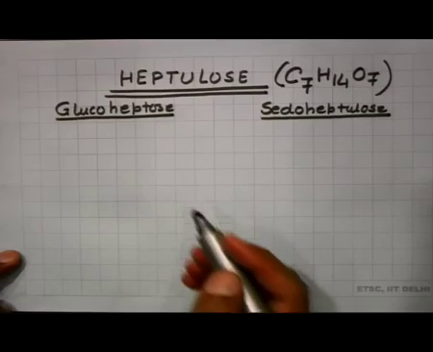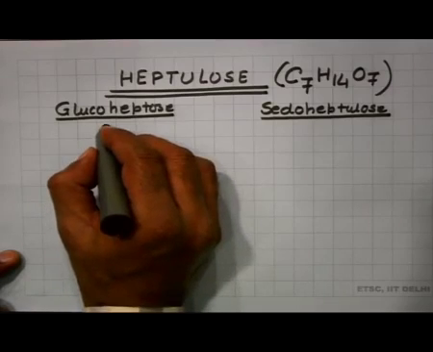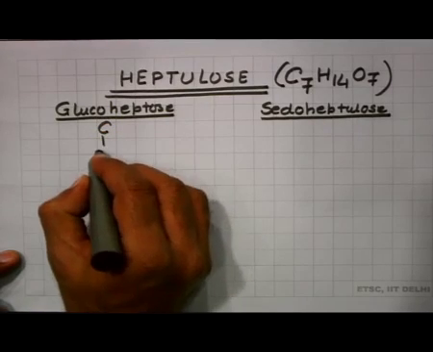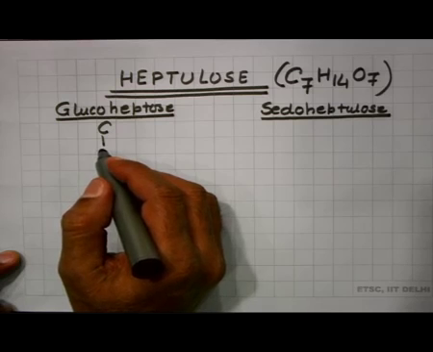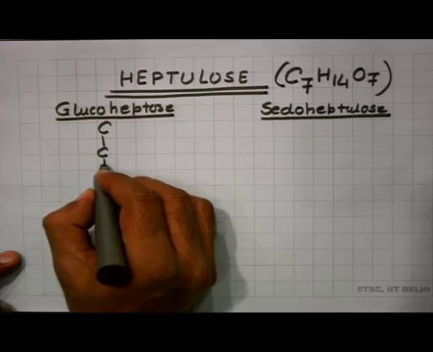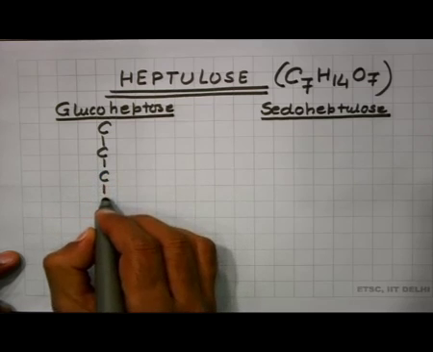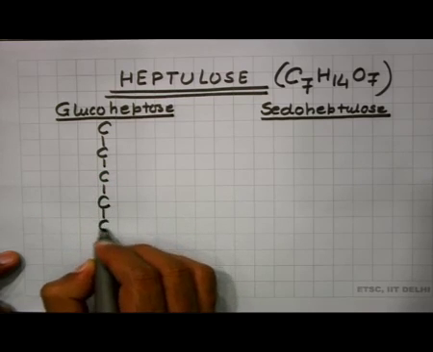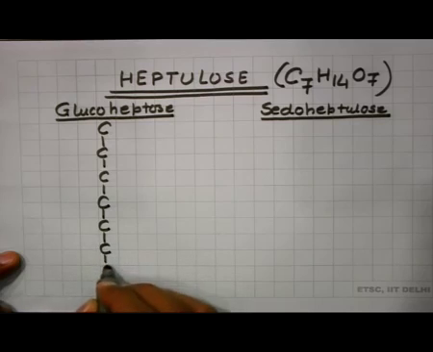The glucoheptose we can write simply the same as glucose and galactose. Write 7 carbons: 1, 2, 3, 4, 5, 6, 7.